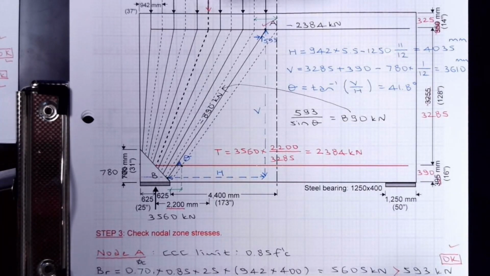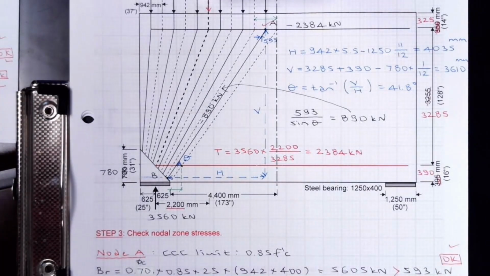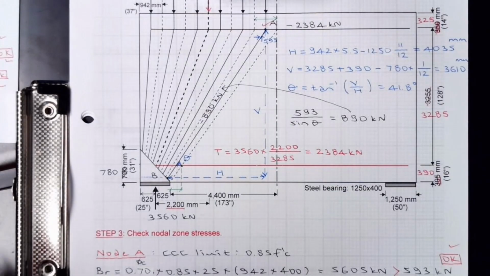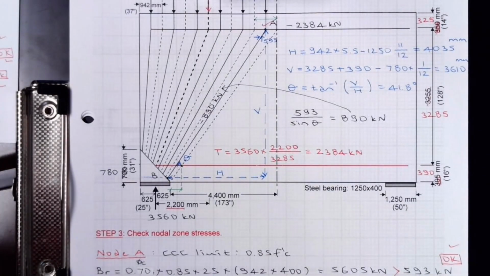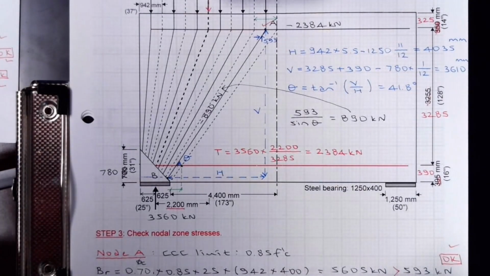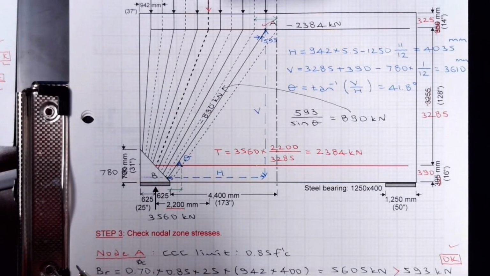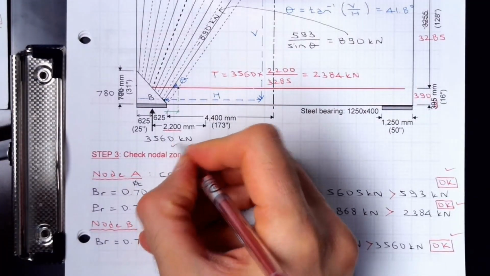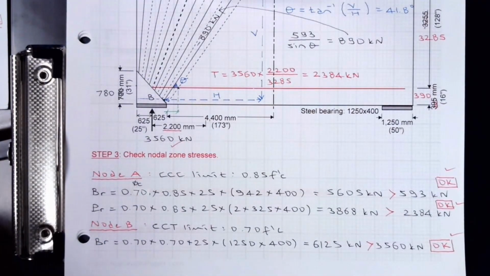That's the bearing plate thickness. It could be smaller, but this occupies the entire section. Let me double check. 6125, which is pretty good, against what we have, 3560. So the bearing passes, no problem.